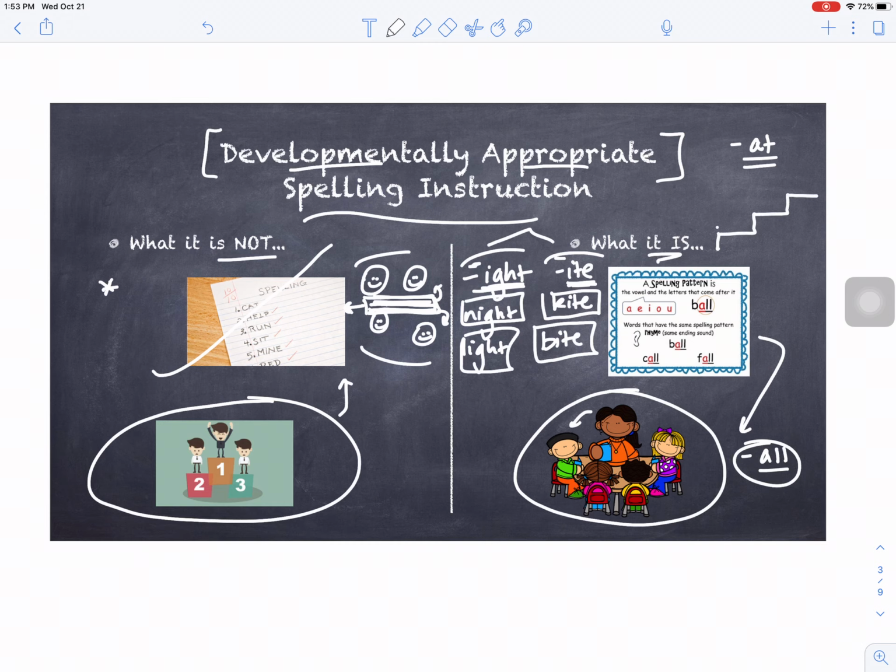So they're working just above what they could do by themselves with the support of a teacher. So they're working within that ZPD. And as we know, if we're doing that in a developmentally appropriate way, we aren't going to have the same word list for all of our students. We will have individuals and small groups working on different orthographic patterns or spelling patterns in words because that's where they are as learners.